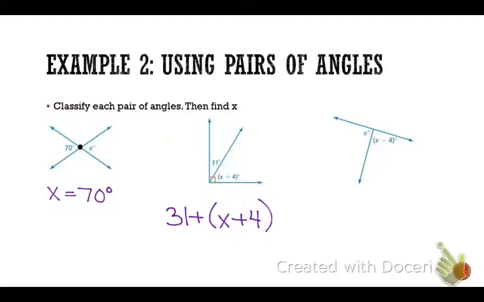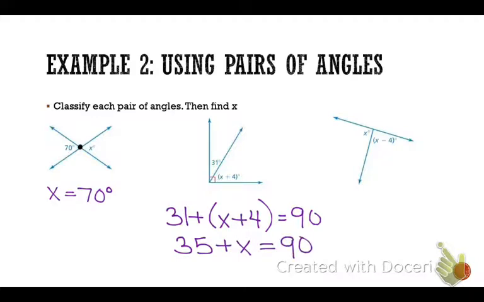And the only reason x plus 4 is in parentheses, guys, is because that's one angle. They're saying x plus 4 is one angle. All right? Are there any like terms that I could combine on the left side of that equation? Do you see any like terms you could combine? 31 plus 4. What's 31 plus 4? 35 plus x equals 90.